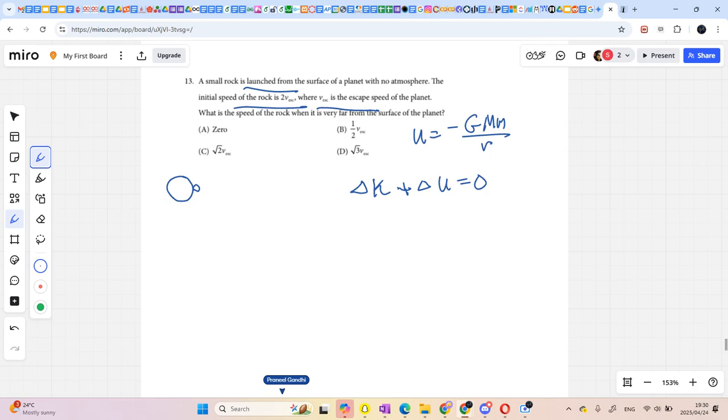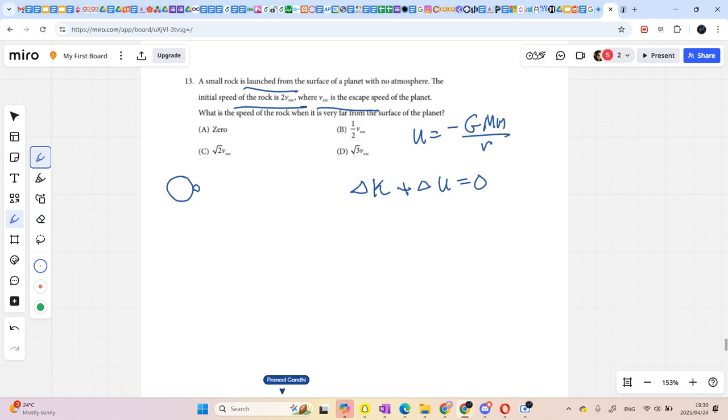And U represents the gravitational potential energy of the system of the two objects. It's a good time to bring to mind that potential energy does not belong to objects themselves, it belongs to systems of objects. Kinetic energy can belong to objects, but potential energy always belongs to a system.